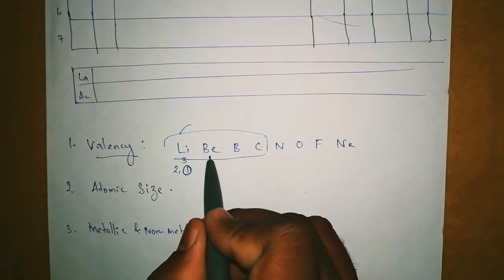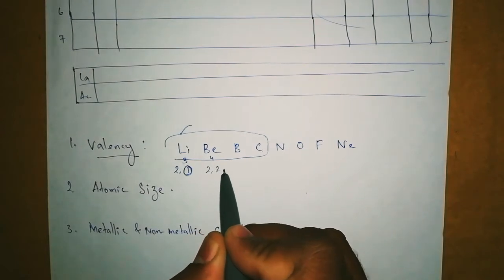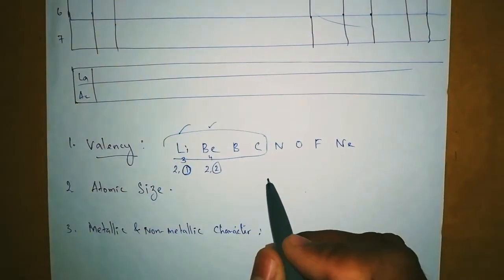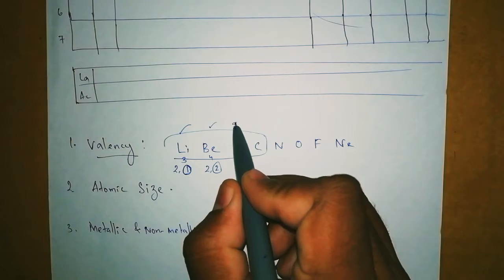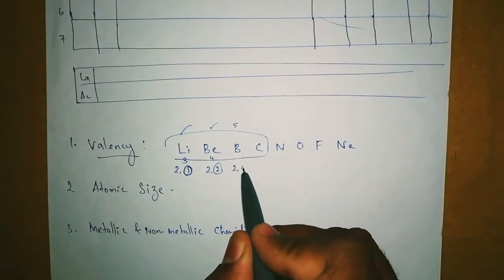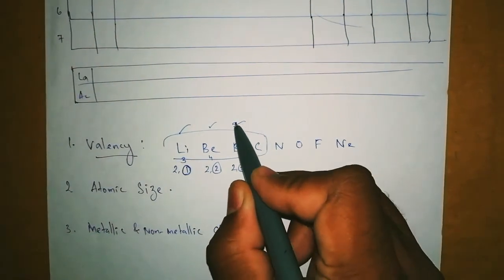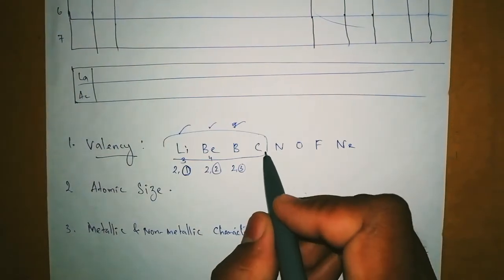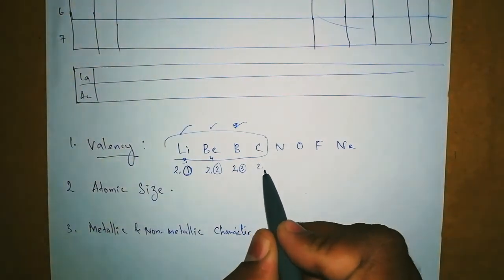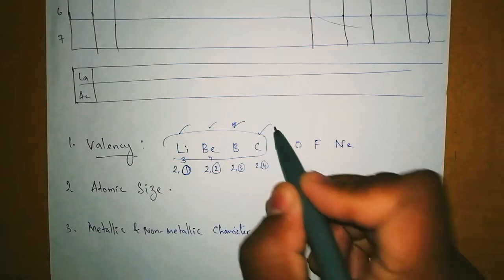Beryllium has atomic number 4, so 2, that means 2 is the valency. And boron has atomic number 5, so 2, 3, that means 3 is the valency. Carbon has atomic number 6, so 2 and 4, that means 4 is the valency.